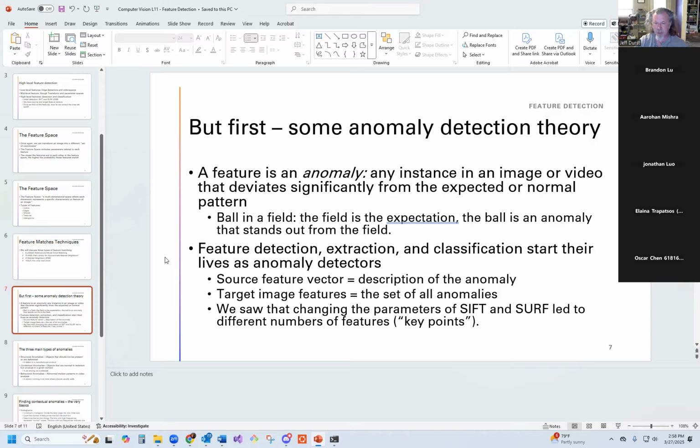And so first, that makes it hard to set a normal, right? Versus if we're looking at just a field with a ball in it, it's very clear what defines the normal field and very clear what defines an anomalous soccer ball.